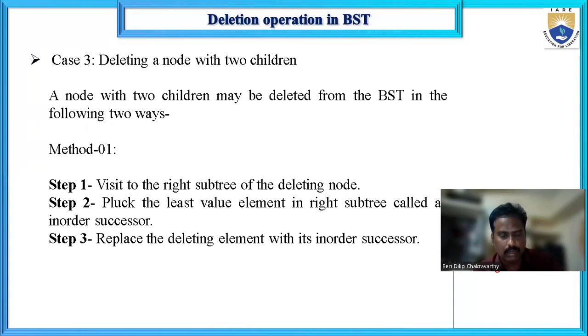I will go to the right subtree and pick the least value in the right subtree, and I'll place that element at the deleted element's position. Replace the deleted element with its in-order successor. Okay, this is one method, where I replace it with the least value in the right subtree.